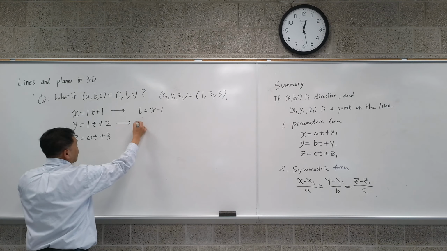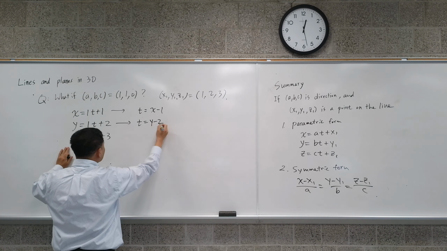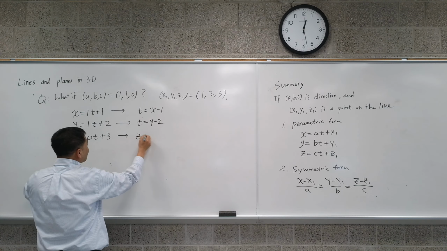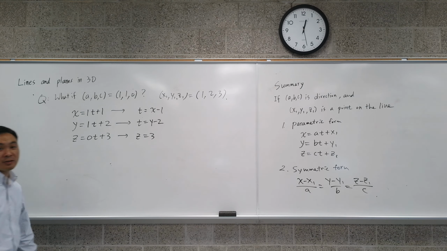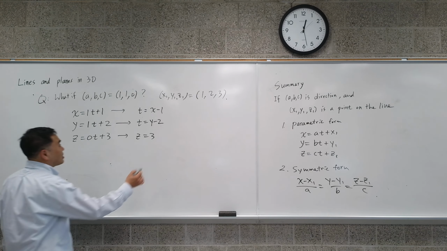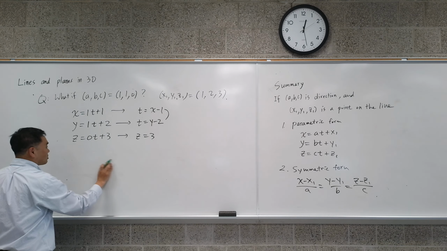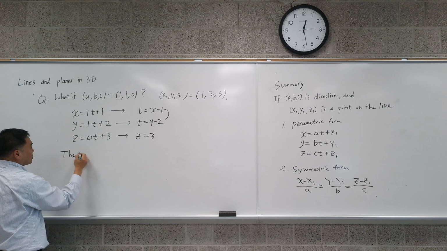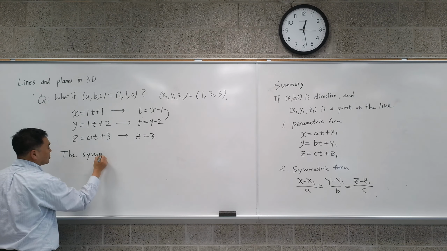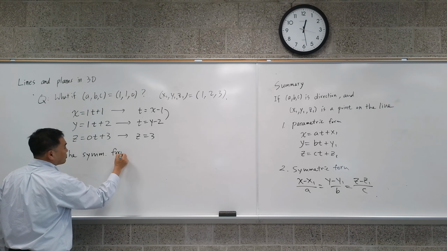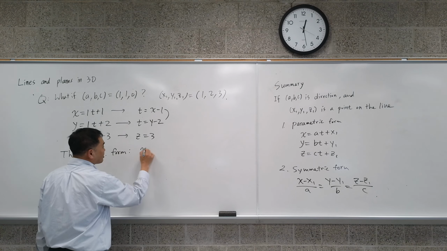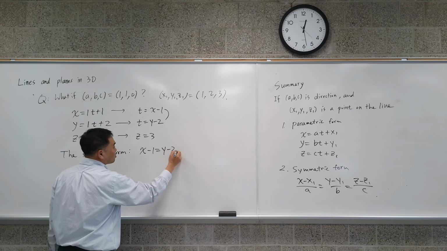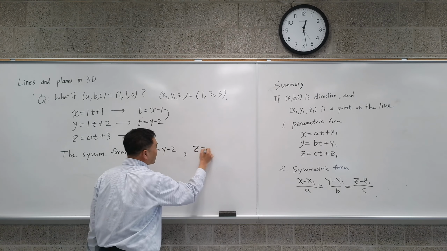This one is going to say t equals y minus 2. But this one is just z equals 3. You can't do anything about it, right? But then you can still get rid of t just by setting these two equal. So the outcome is that the symmetric form will now look like x minus 1 equals y minus 2, comma, z is 3.